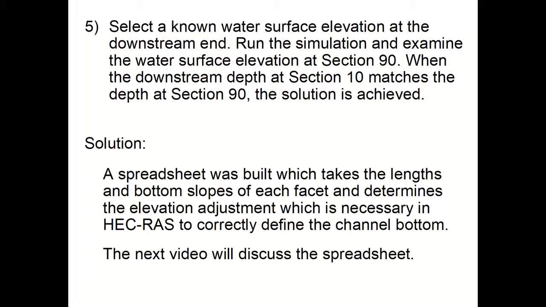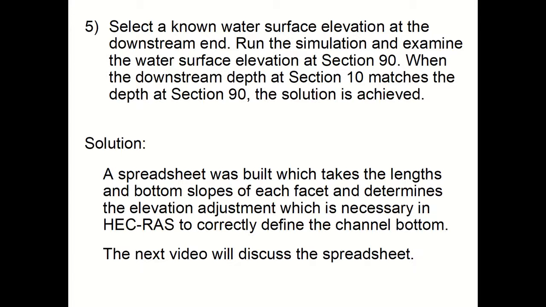Next, we're going to select the known water surface elevation at the downstream end, run the simulation, and examine the water surface elevation at section 90. That'll be in the same position, just 2 cycles upstream. When the downstream depth at section 10 matches the depth at section 90, the solution is achieved.